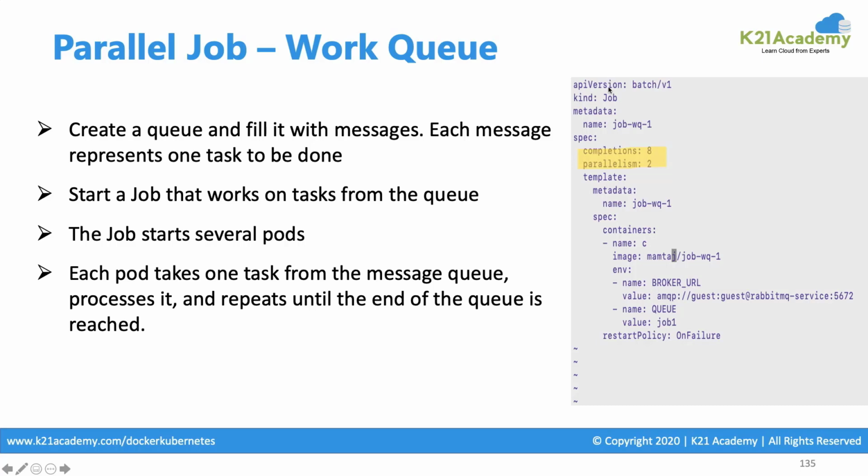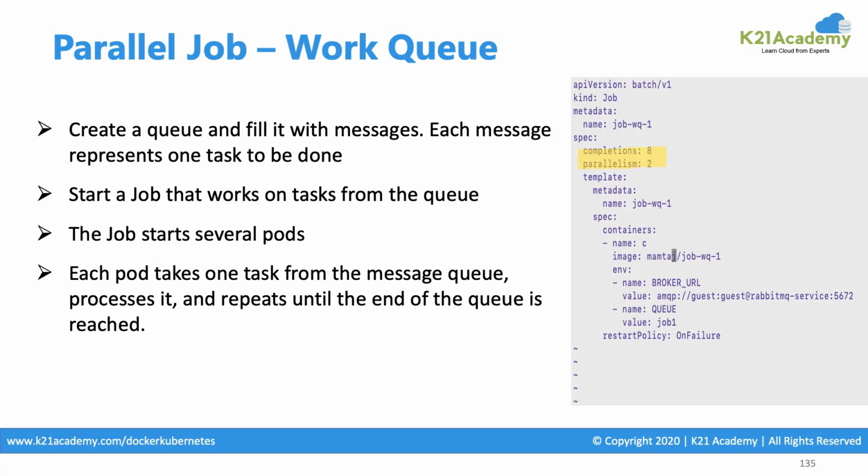If you see this particular file definition, kind Job, metadata, the spec section has this, and the pod which gets created has this definition. If you look at the pod definition, it has the metadata, the name of the pod, and in the specification, it has the container, the name of the container, and the image with which the container has come up, and that code would actually have the processing capabilities for the task.